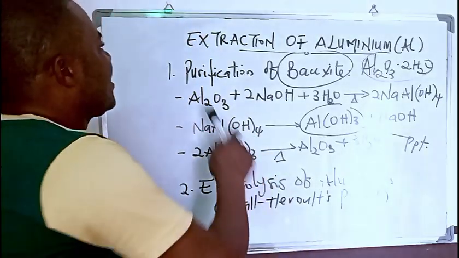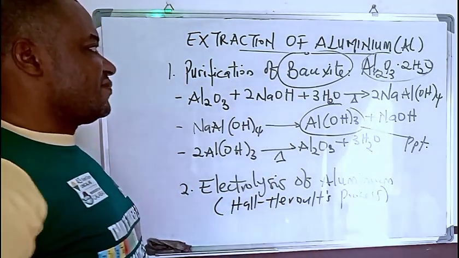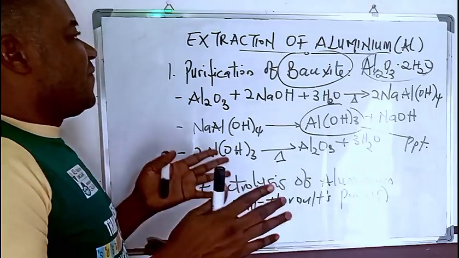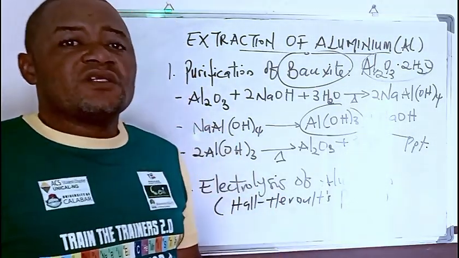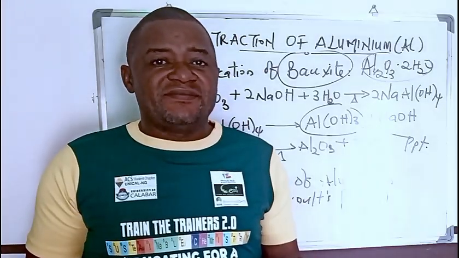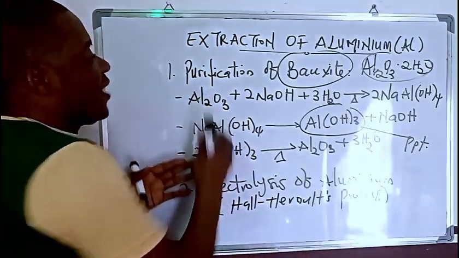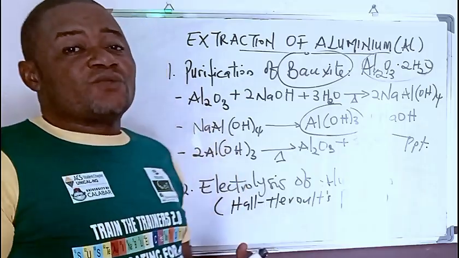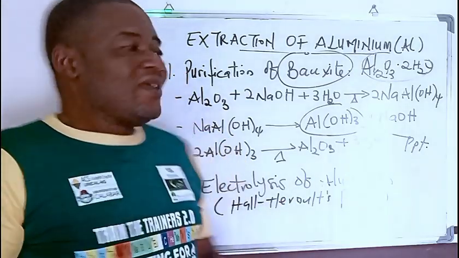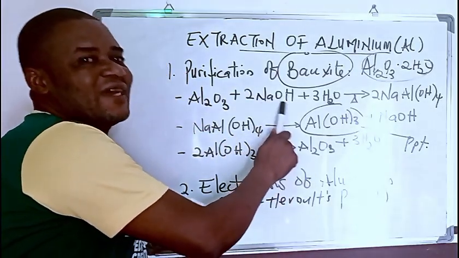Now, in the purification of bauxite, what is first done is that the bauxite itself is what you try to purify. You have to react it or mix it with caustic soda, and caustic soda is sodium hydroxide.